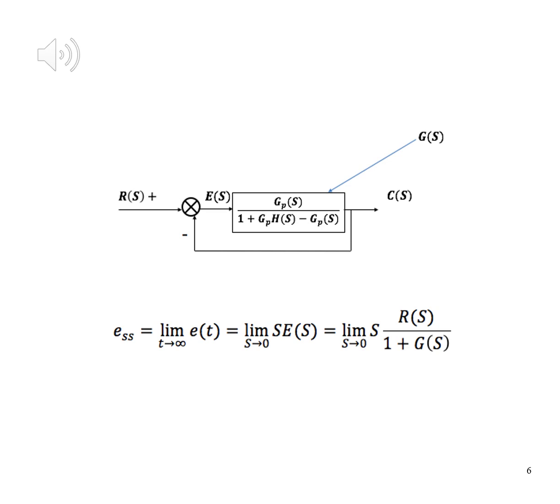So what will the error settle at? E steady state equals what? It's the limit of the error when time goes to infinity, which, using the final value theorem, if the system is stable, is the limit when s tends to 0 of s times E of S. So you have the limit when s tends to 0 of s times R of S over 1 plus G of S. Here we call the error E steady state directly.